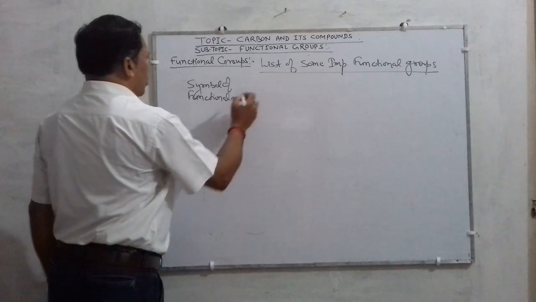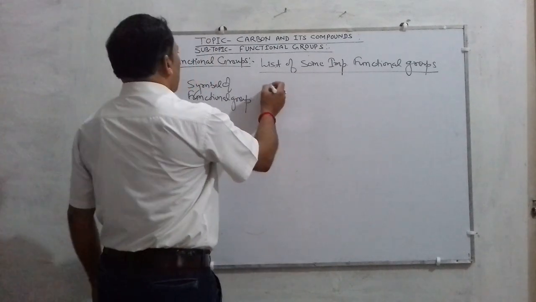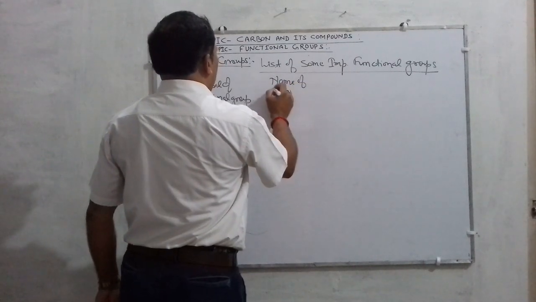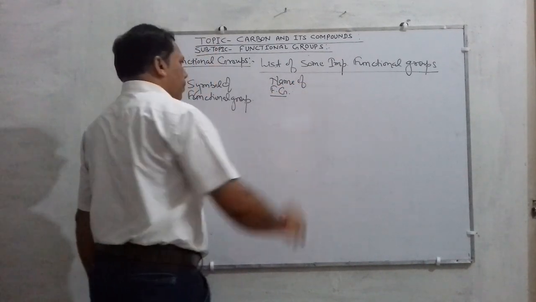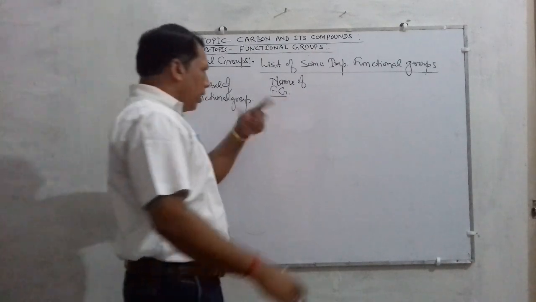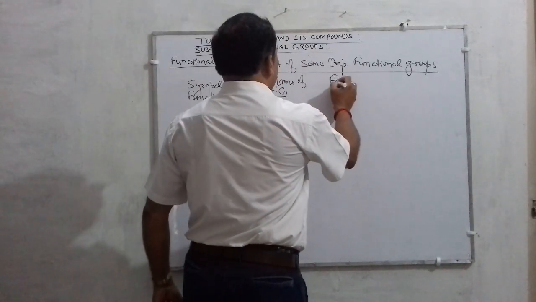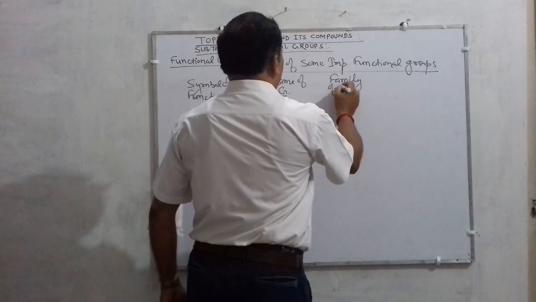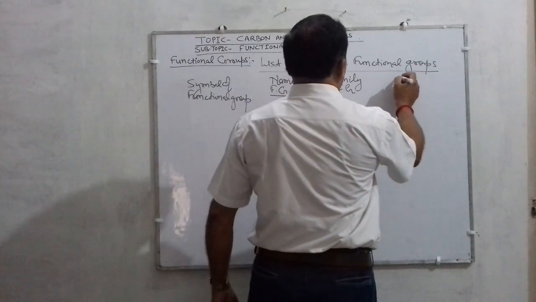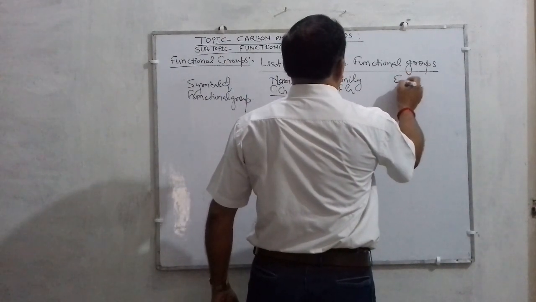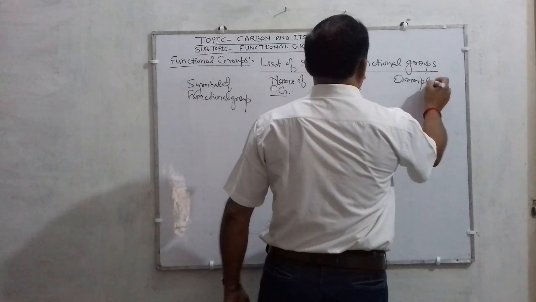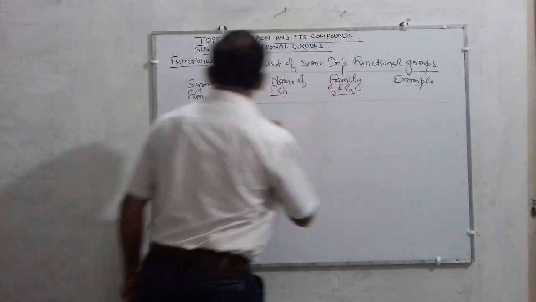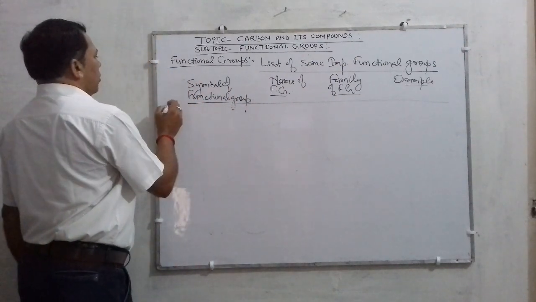Second, write the name of functional group, FG standing for functional group. Next, write the family of functional group, and lastly write example. Last column, make example. By this table it becomes very easy to understand functional groups.